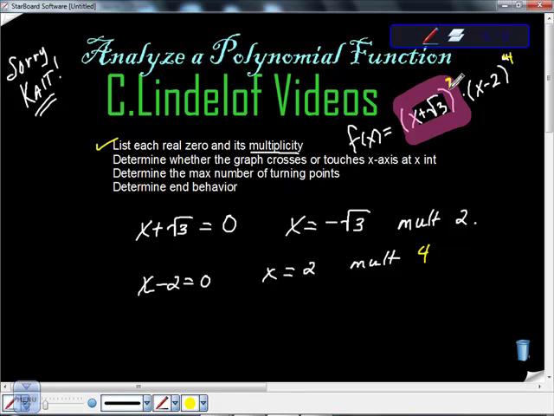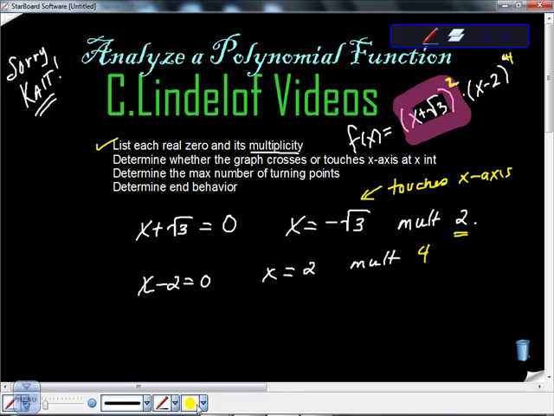If the multiplicity is odd, it passes through that zero. Really important. So with a multiplicity of 2, it just touches the x-axis but doesn't pass through it.